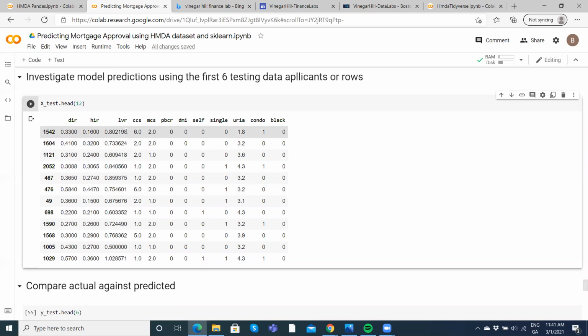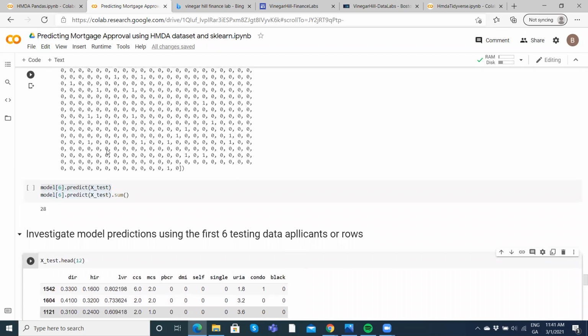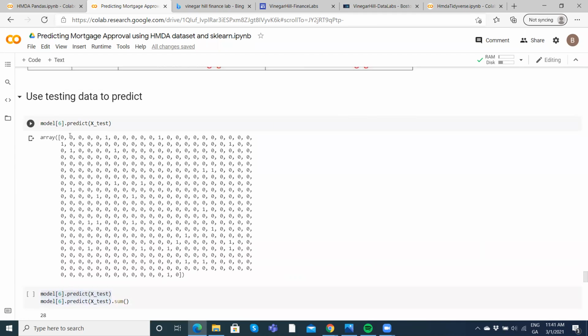And then when we look at the 12th applicant here, they have relatively high DIR, but the loan to value ratio is also very high. The average LVR was about 70%. This LVR is really high. When we test the applicant here, we come to 12, the random forest model is predicting that individual would be denied, right?